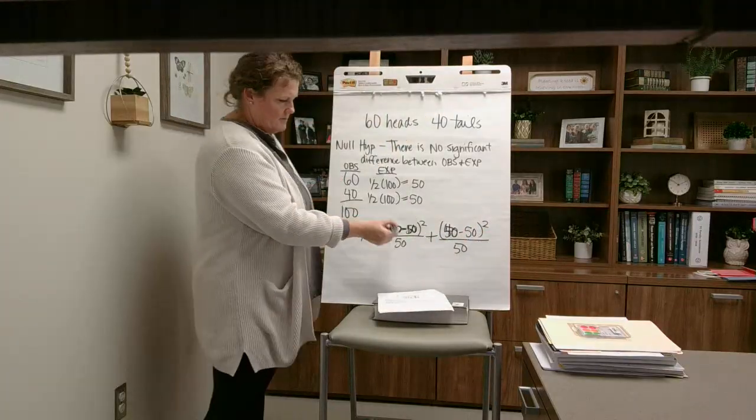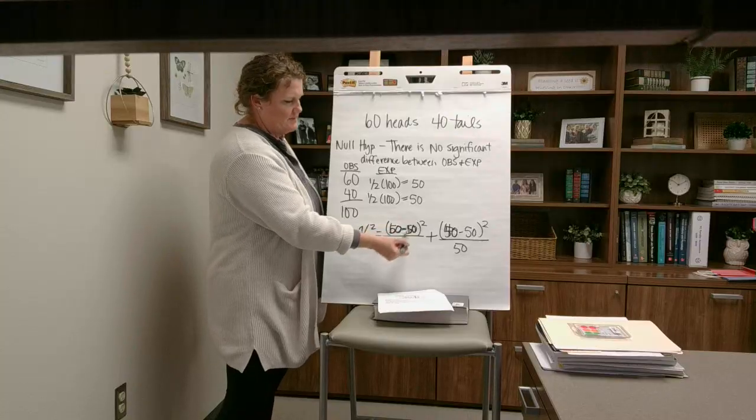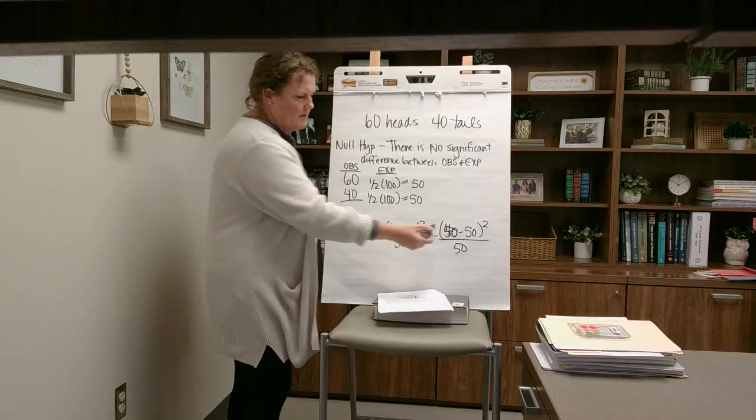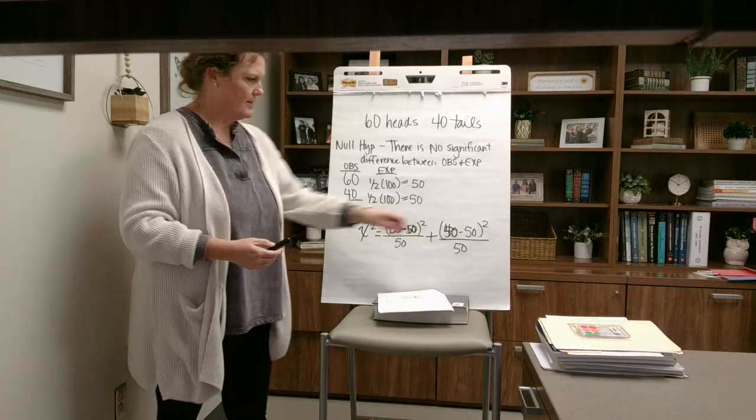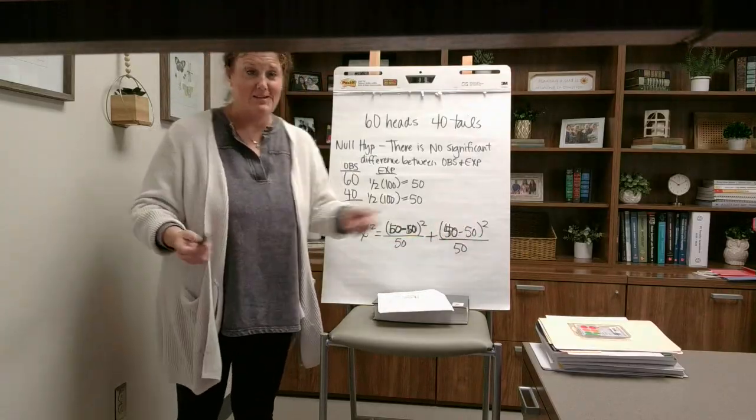So observed, so 60 minus 50 squared divided by 50, observed minus expected squared divided by the expected. So that's just 40 minus 50, sorry about that.